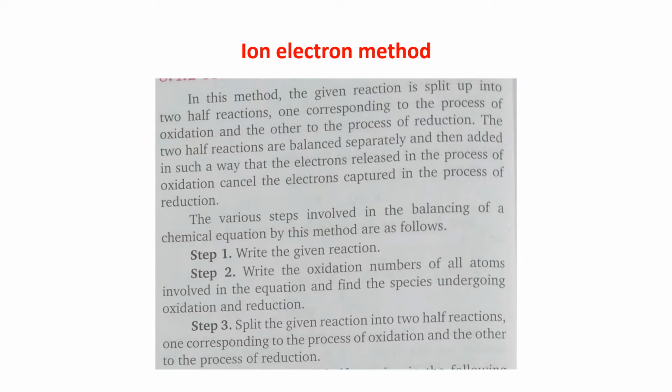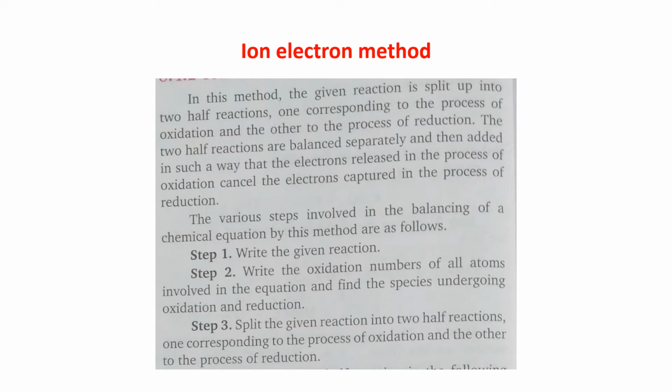The two half reactions are balanced separately and then added in such a way that the electrons released in the process of oxidation cancel the electron captured in the process of reduction. Let us see what are the steps involved.